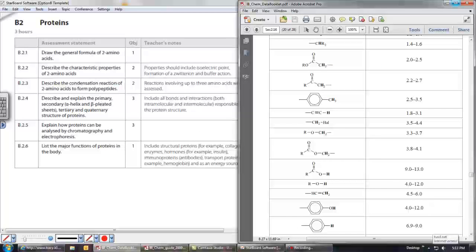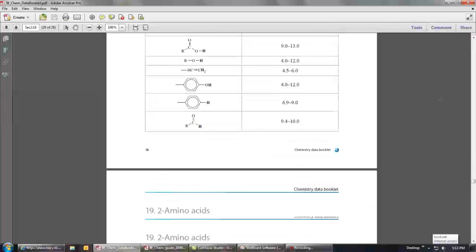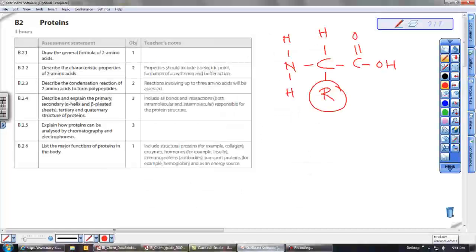Let me make sure this is the right form for you. That's HNMR data. Here they go. So here are all the amino acids. You'll notice here, for example, there's a CH3 group. That's alanine. Look at that big old mess attached in the R. The only difference in all of these pictures is the attached R group. The backbone is identical. This portion is always identical. Now, this drawing you see here is never, ever going to look like this.